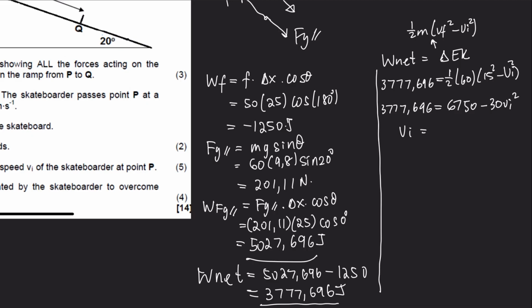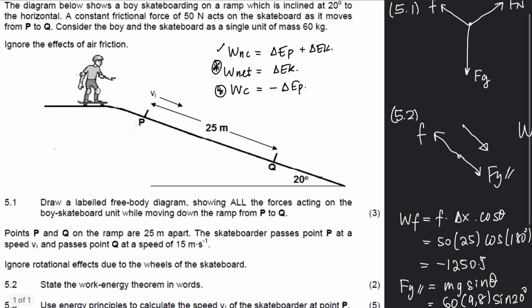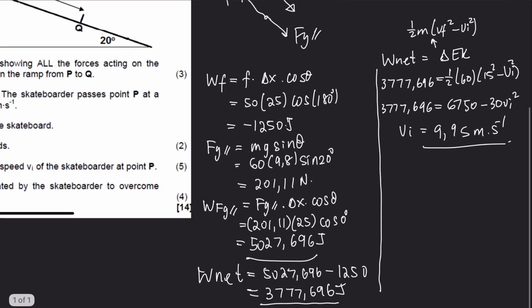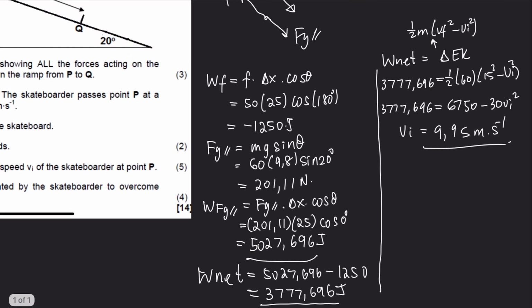The answer for Vi is 9,95 meters per second. So the velocity at P is 9,95 meters per second. As I said before, you can do all of this in one step, in a few lines. I've broken it up here just so you know where the calculations come from and why we're doing them. But you can do them in one or two lines, and it will come to the same thing.